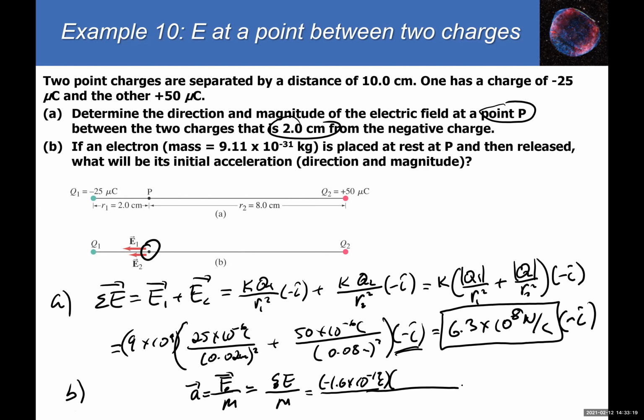And my electric field is 6.3 times 10 to the 8 newtons per coulomb to the left, right? So negative 6.3 times 10 to the 8 newtons per coulomb, divided by the mass, 9.11 times 10 to the negative 31 kilograms. Then if I calculate, you can see negative cancels negative, and I can get the acceleration.